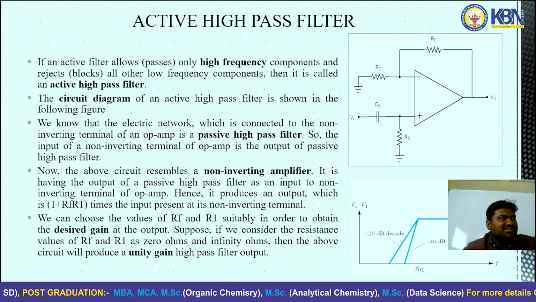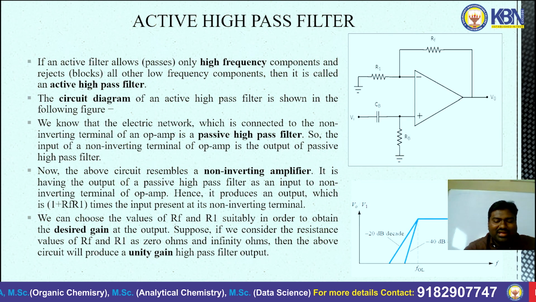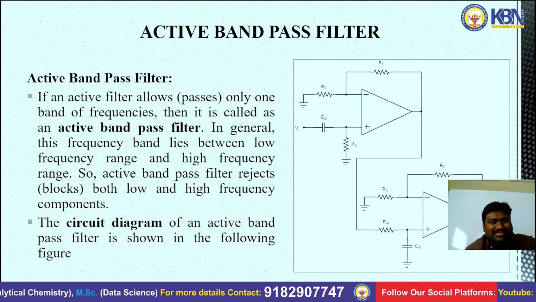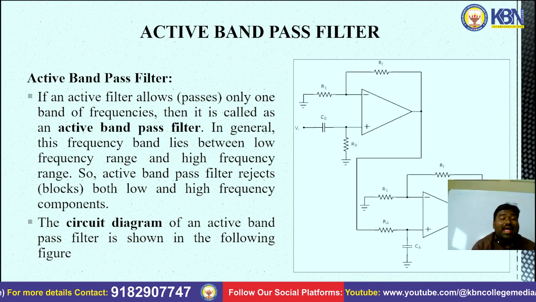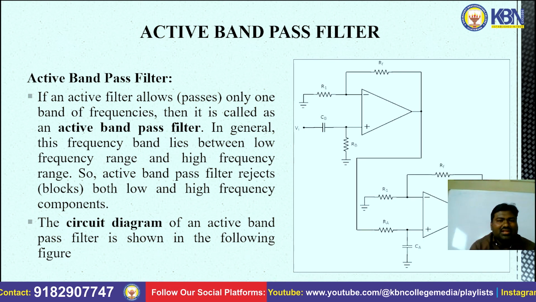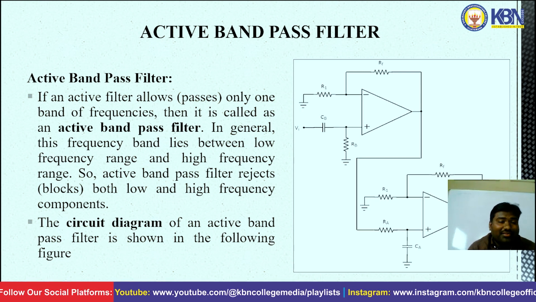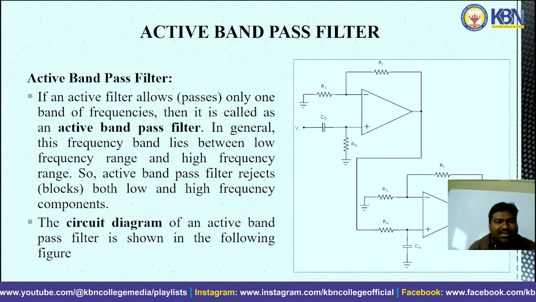Another filter is the band pass filter, as shown in the figure below. If a filter passes only one band of frequencies, then it is called an active band pass filter. In general, this frequency band lies between the low frequency range and the high frequency range. So an active band pass filter rejects both low and high frequency components.